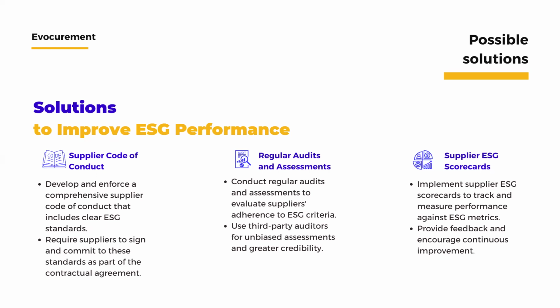Then for each area, we can list 3, 4, 5 KPIs or measures. And all of this data about performance should be aggregated and summarized into a regular report. So from month to month or quarter to quarter, we always have the data on their performance.